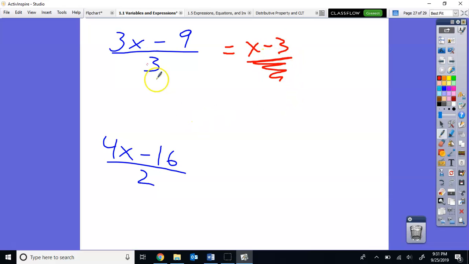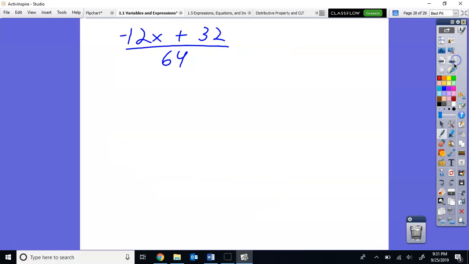You don't just cancel out the 3's on this one. 4 divided by 2 would be 2x. 16 divided by 2 would be 8, so minus 8. Also notice that when I get that answer, I don't try to add them together because they're not like terms. Make sure you understand where like terms are.